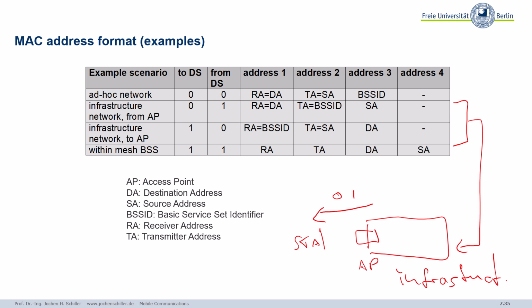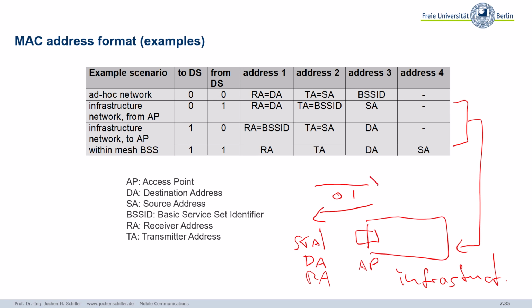The receiver address, so the physical receiver, is also the logical destination address. The logical address is the MAC address, the logical MAC address as you use from normal local area networks. So this is our destination address, but also the physical receiver address. Why distinguish here? Well, think of the other direction.